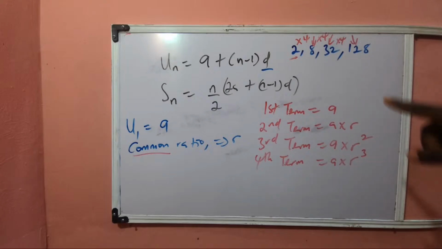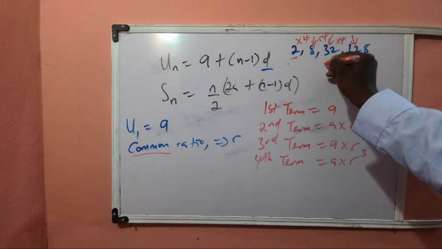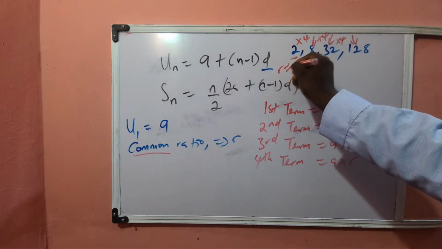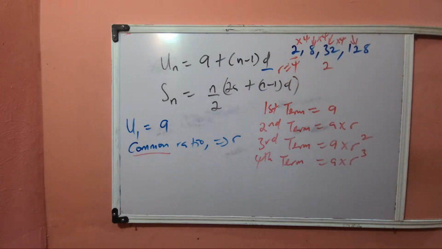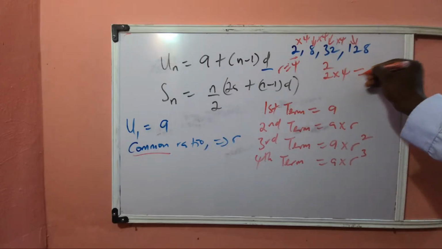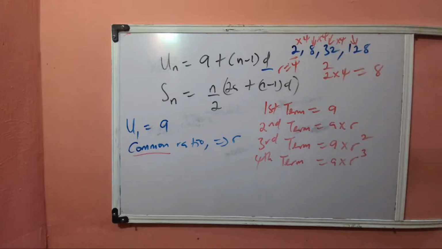Now, let's quickly look at what's going on here. So I had a first term as 2. When I wanted to do the next term, knowing that my common ratio was 4, I said 2 times 4. Of course, that gave me my next term, which was 8.